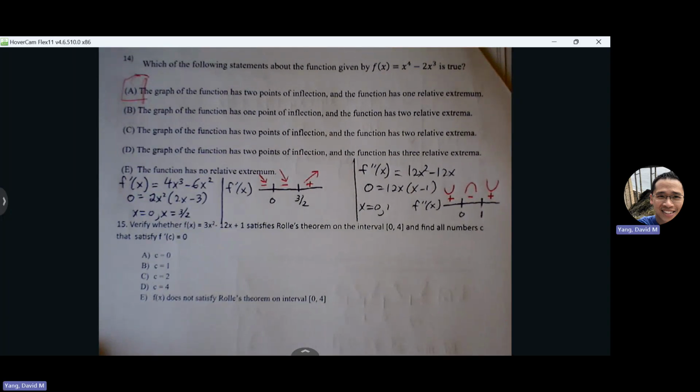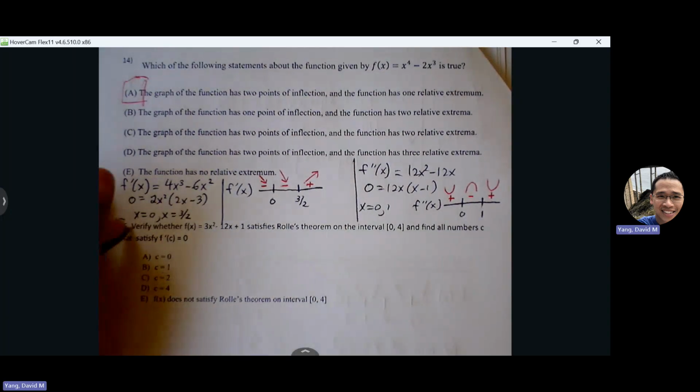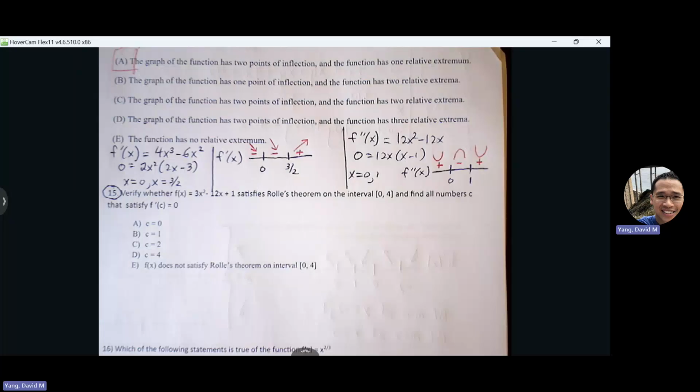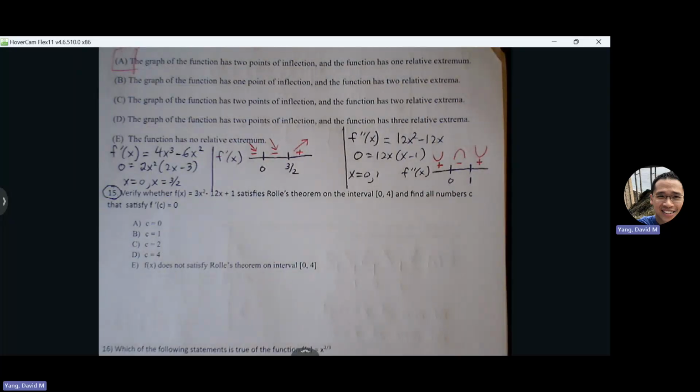All right, try 15. 15 is Rolle's theorem. Rolle's theorem is basically mean value theorem, so it's the same formula. Remember, there's two conditions for mean value theorem and Rolle's theorem. So you want to make sure you practice stating out your continuity statement, your differentiable statement, and then here's a formula for mean value theorem and Rolle's.